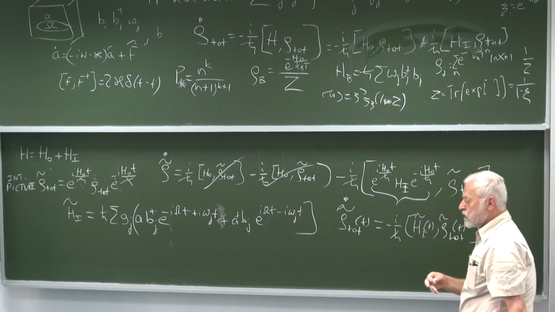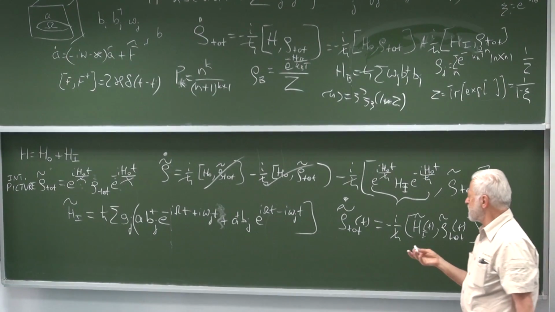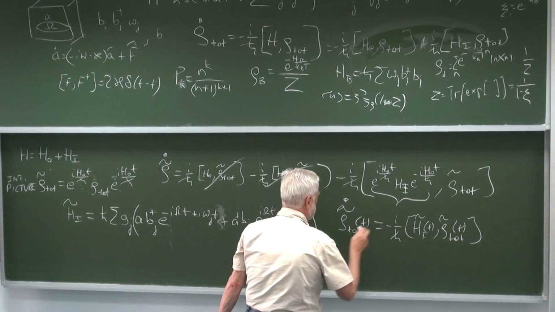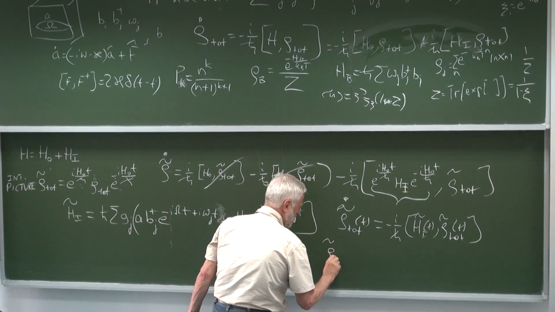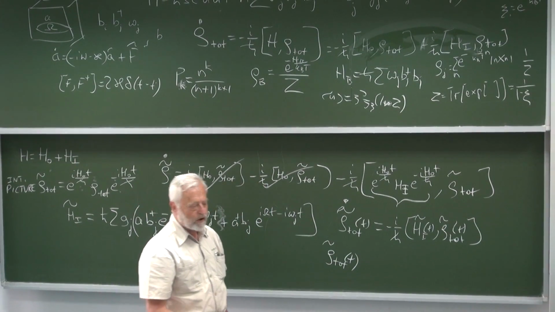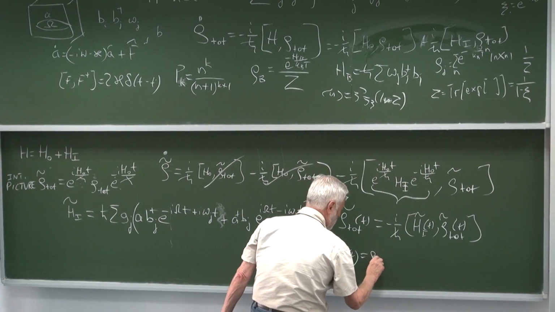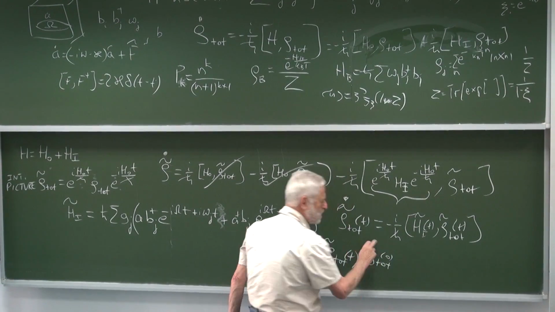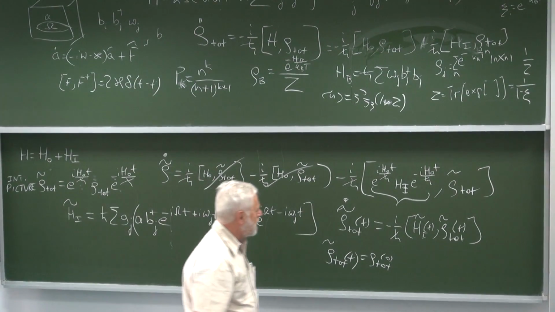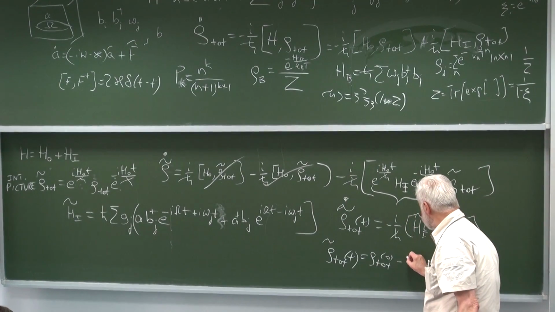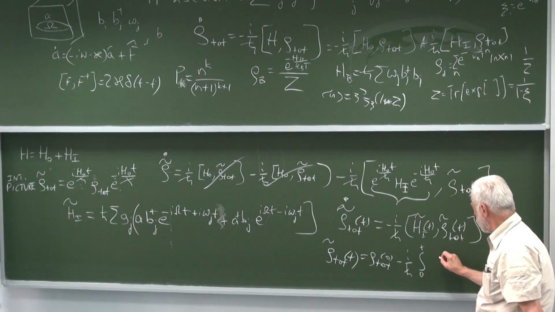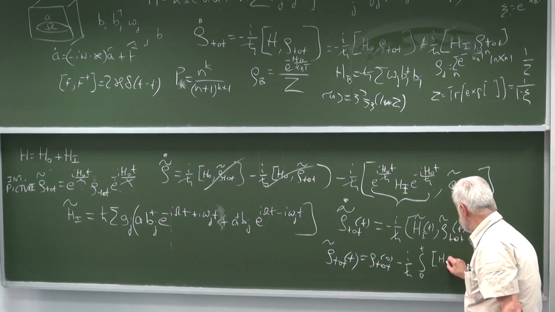Now, how to work out this thing? The formal, so to say, solution in quotation marks of this equation is, of course, it's not a solution, it's really a transformation of this equation into integral form. It is the initial value, at initial value I do not need to wiggle because, of course, at t equals 0 these things coincide, plus, well, minus in this case, minus i over h bar times the integral from 0 to t of this business.